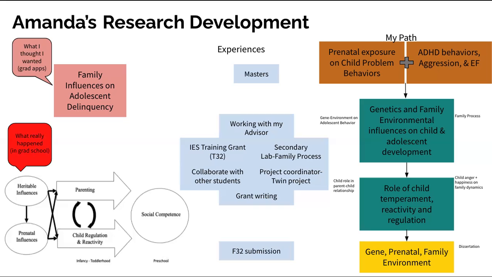And so you kind of have to boil your research, instead of this linear trajectory, into these different components, like genetics and family, child, prenatal. And so it's completely okay to have multiple projects that maybe are tackling different components, as long as you can see and make connections.